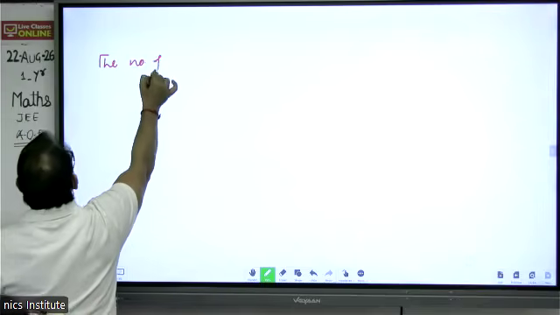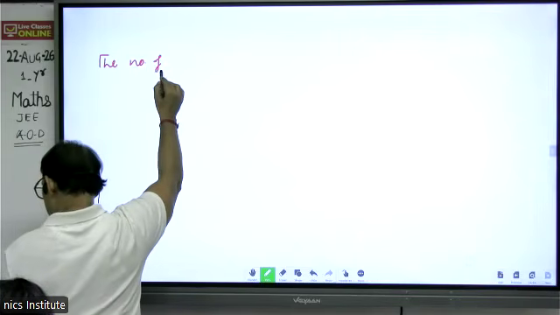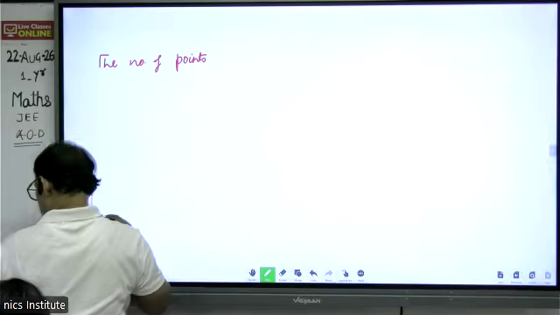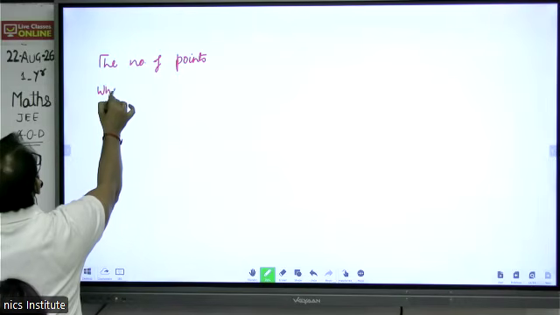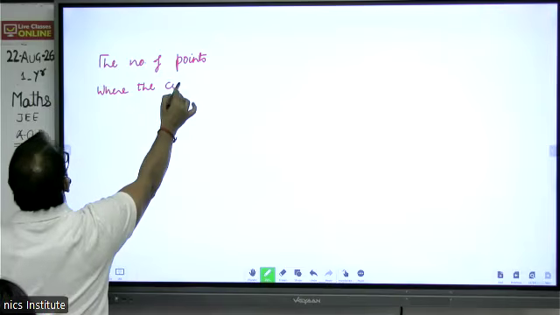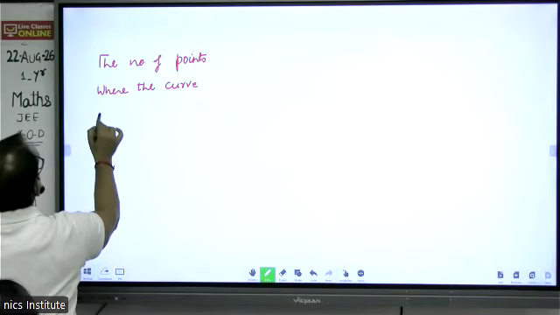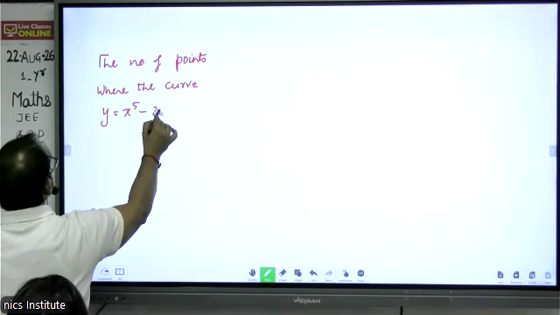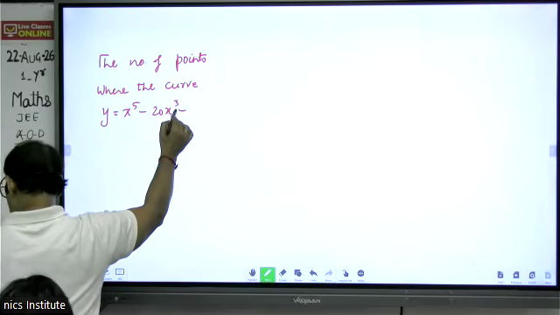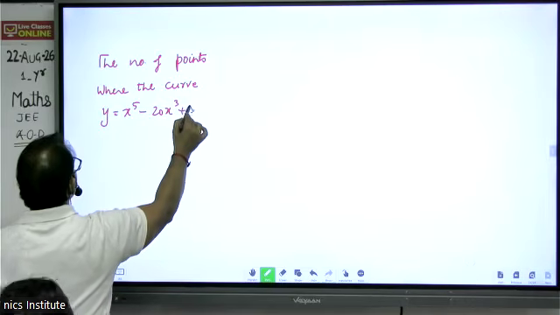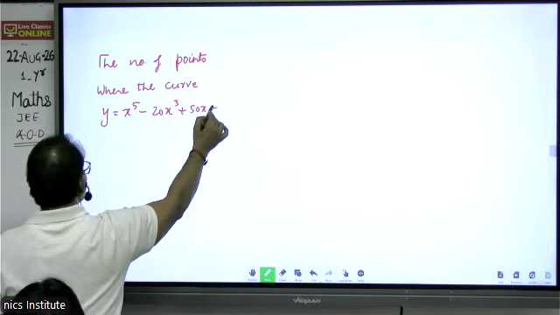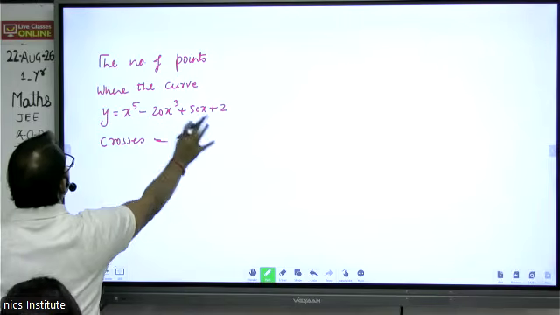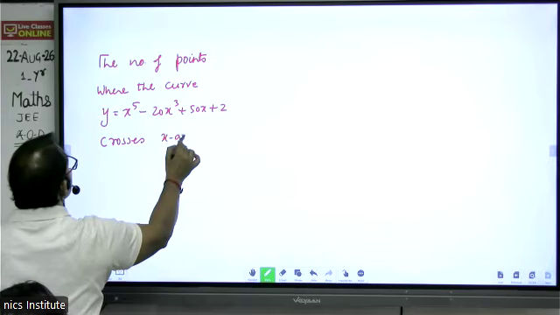The number of points with a curve y is equal to x to the power 5 minus 20x cube plus 50x plus 2 crosses x-axis.